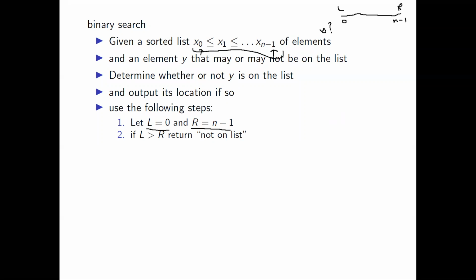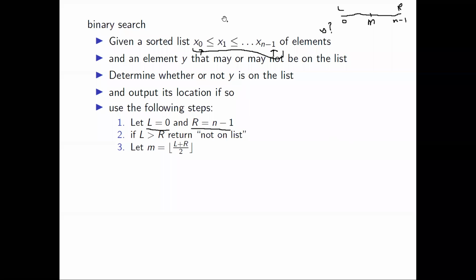So the first time through step 2, nothing will happen because L and R start with L less than or equal to R. Now, step 3: assuming nothing happens in step 2, we let m equal the floor of L plus R over 2. So m is approximately in the middle of the interval between the left endpoint and the right endpoint.